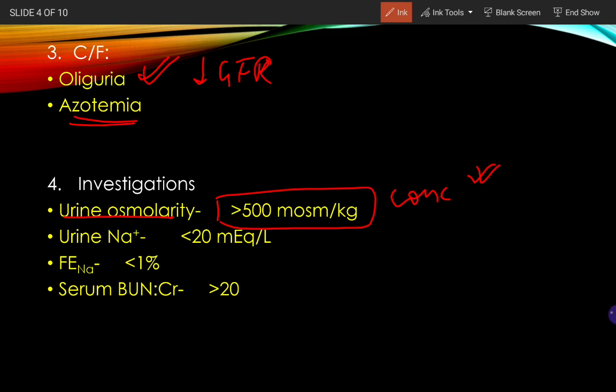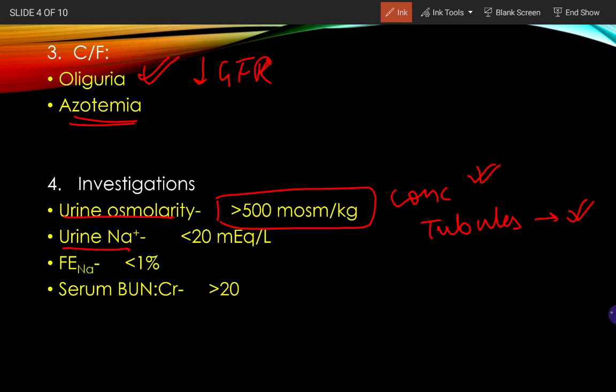This tells you that the tubules are functioning properly, because the main function of concentration of the urine belongs to the tubules. So your cause of acute renal failure will be something else, which can be hypovolemia, that is a pre-renal cause.